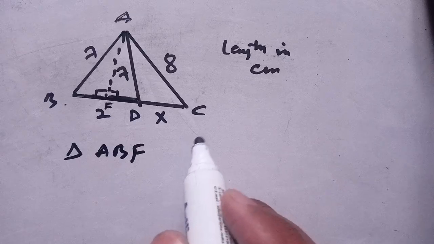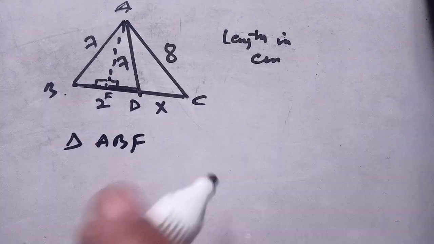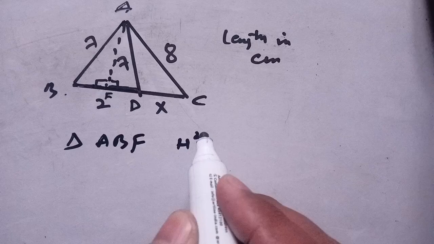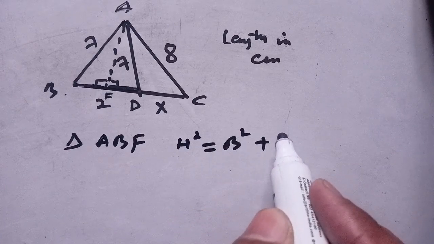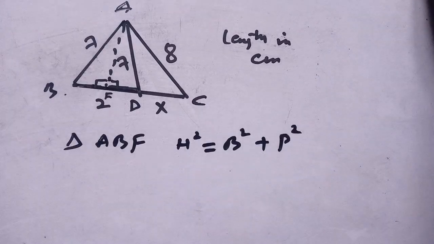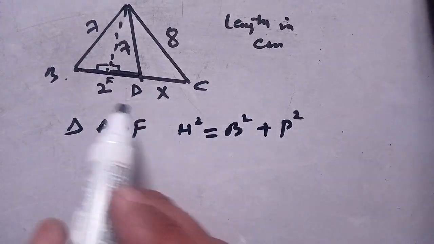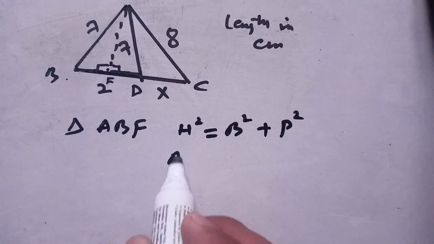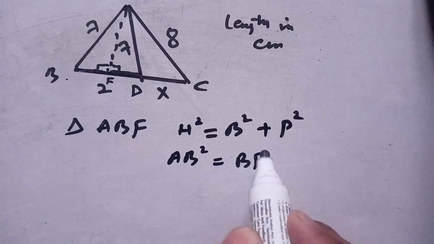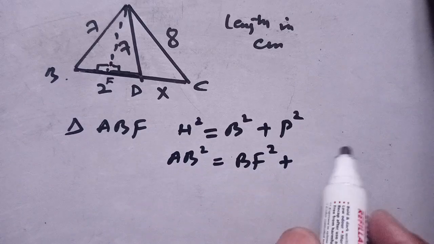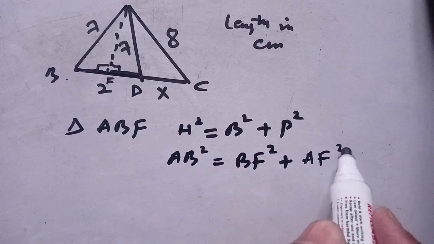Now we use the Pythagoras theorem. The Pythagoras theorem says that hypotenuse square is equal to base square plus perpendicular square. Now here the hypotenuse is AB, so AB square is equal to base BF square plus perpendicular AF square.